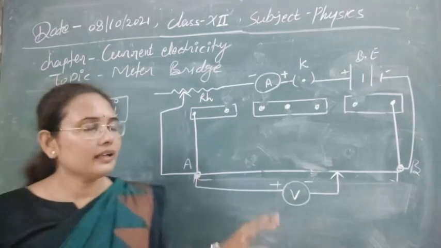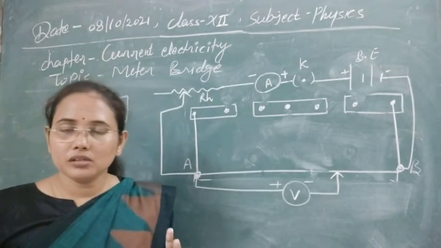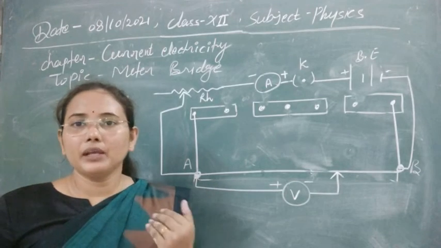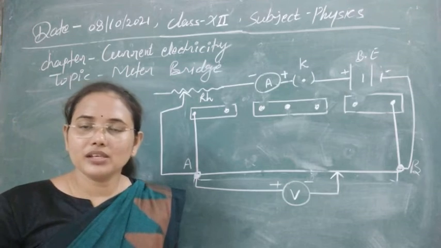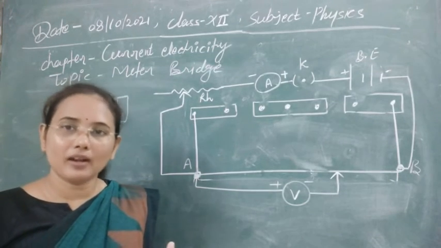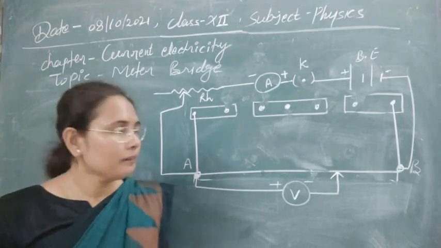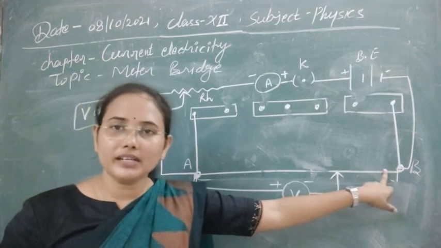Also one thing here, the jockey: its use is that you can choose the length of the wire by yourself to find out the value of unknown resistance. Suppose you are using this whole experiment to find out the value of unknown resistance and also to verify Ohm's law. We are putting the jockey at a certain place, as this wire is of 100 centimeter.